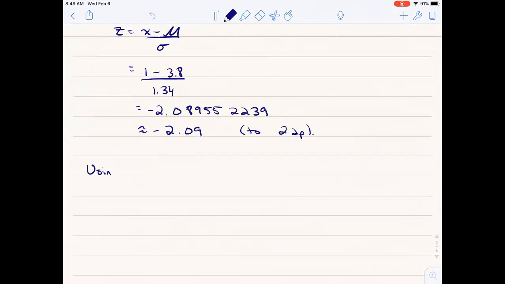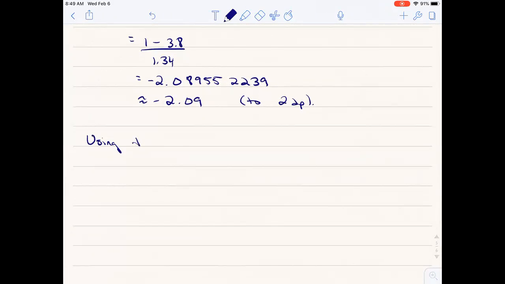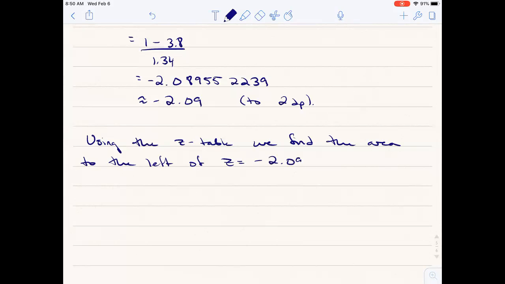So again, I'm just going to write out exactly what I did. So using the Z table, we find the area to the left of Z equal to negative 2.09 is 0.0183.